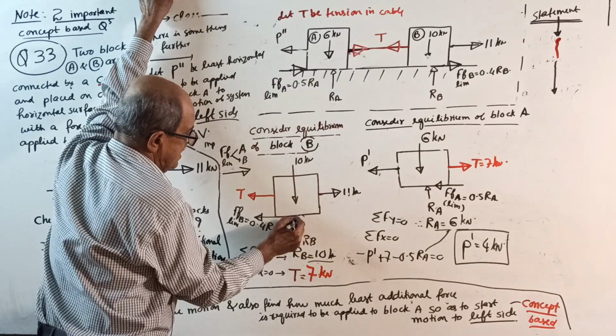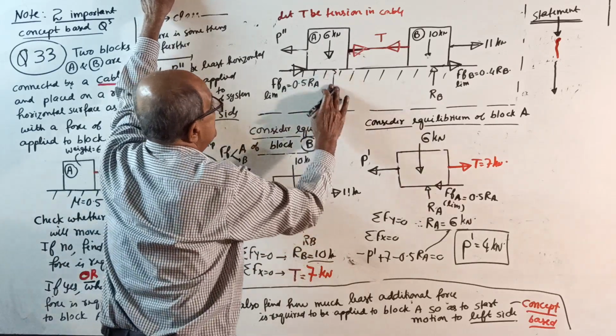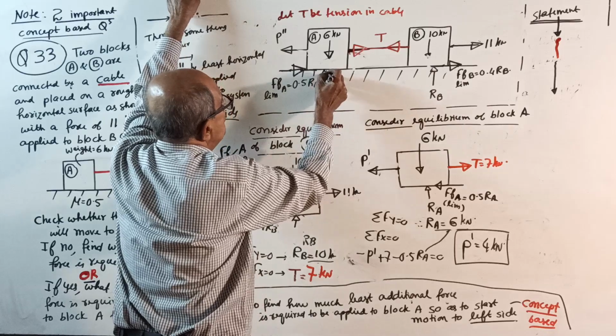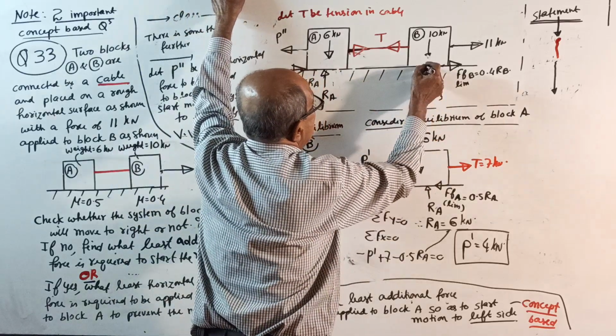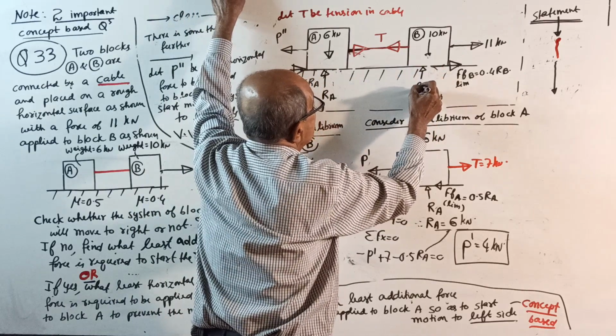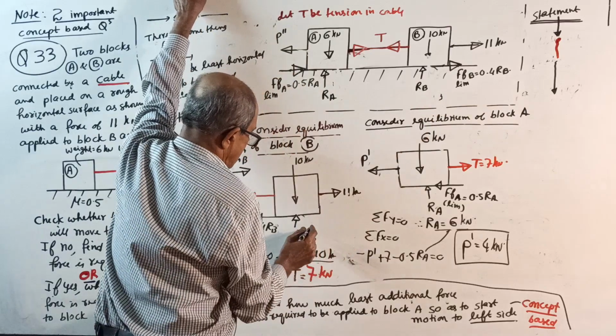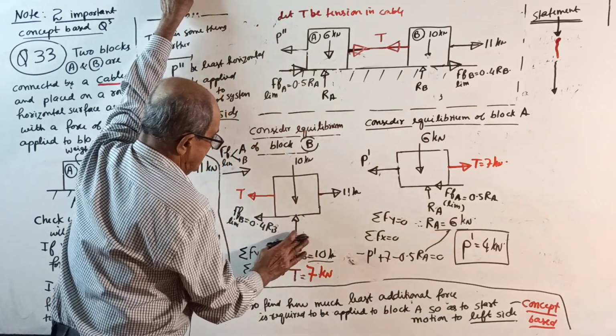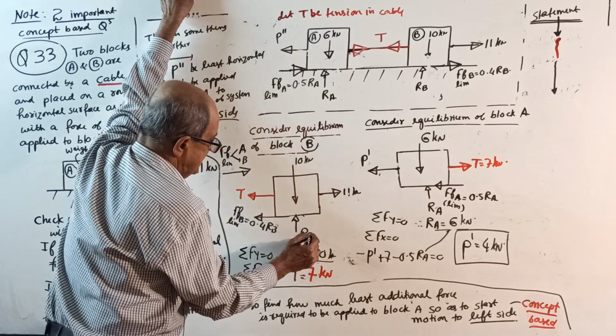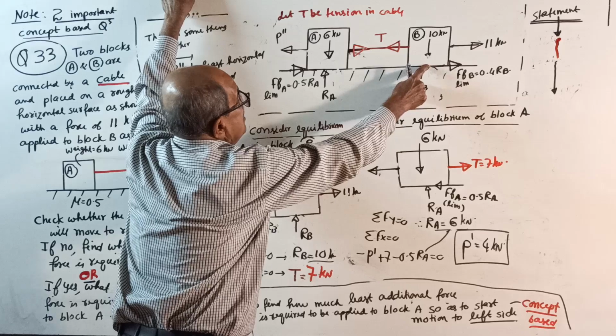Now, I am slightly shifting here. See, here also I am slightly shifting. You know the reason. RA, slight shifting because pressure comes more this side. Okay, don't bother. This is RA, this is RB, and then we are doing B here.